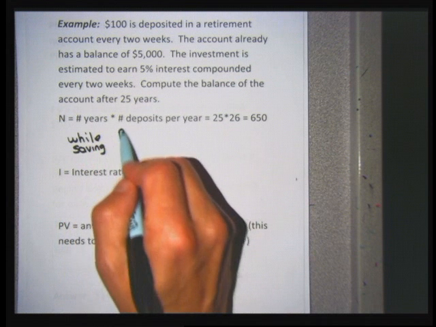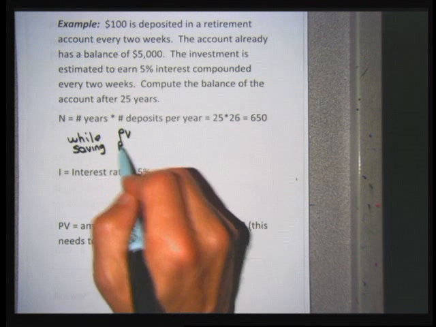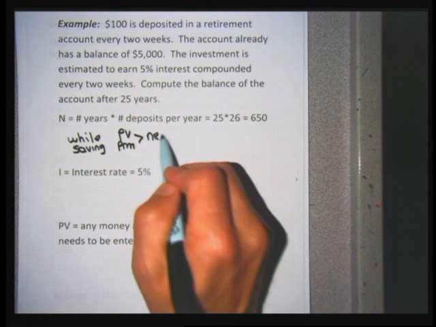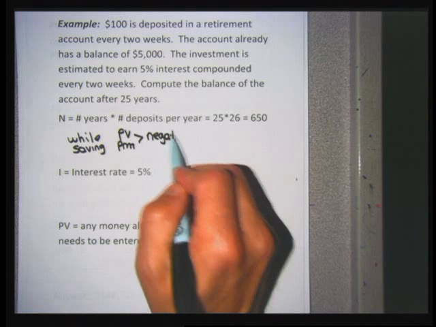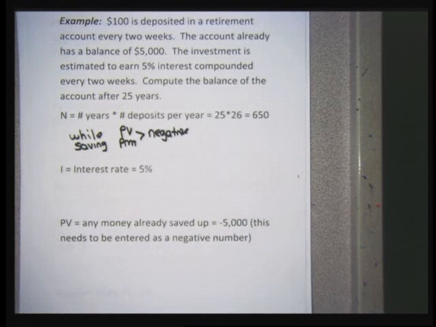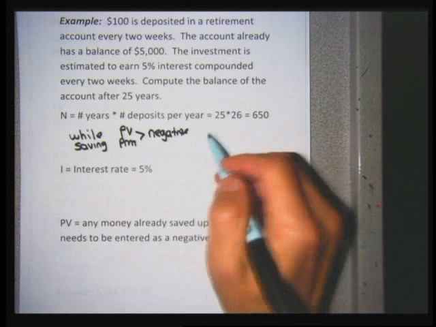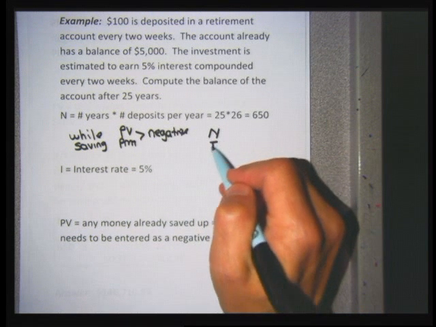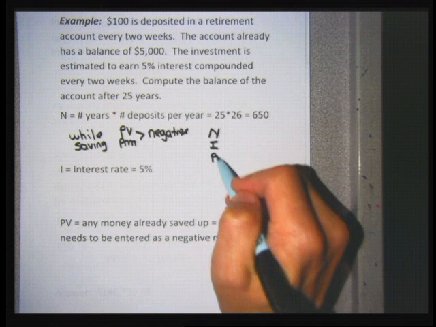Both the PV and the PMT are negative. And this next example is I'm saving up money for retirement. And while I'm saving up money for retirement, any dollar amount that I'd enter in the PV or the PMT is going to go in negative. Nicely, I don't have to get off the TVM solver screen at all in this section.